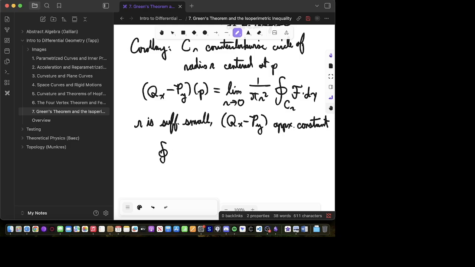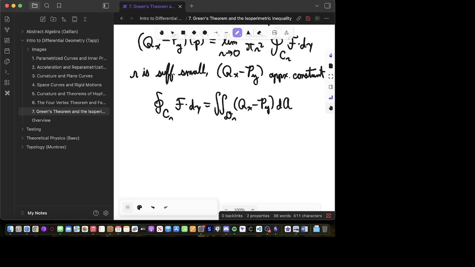So we have, by Green's theorem, and if we have that this is constant, then we can basically take that out and compute.